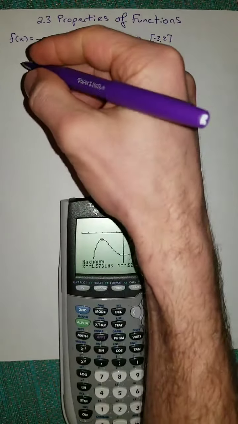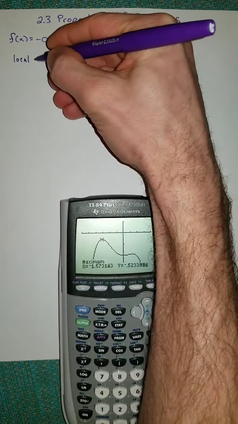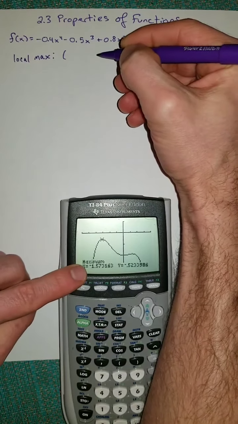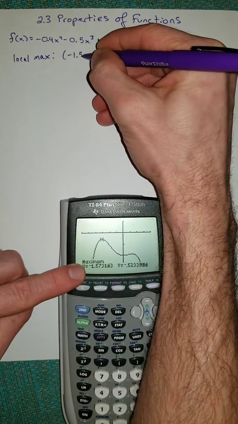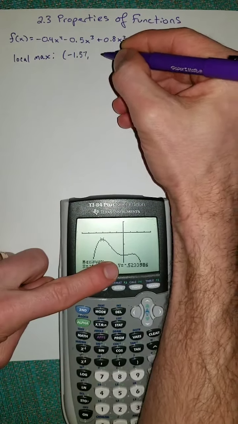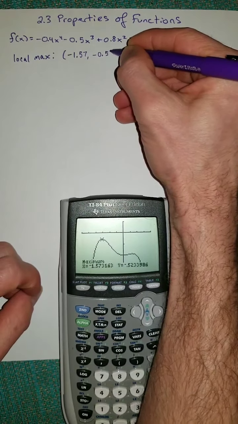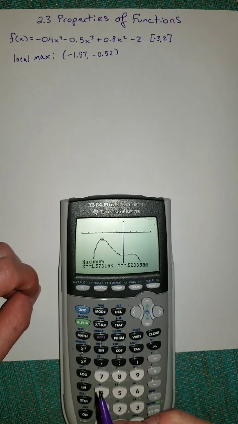So I'm going to say that there is a local max at the point negative 1.57, negative 0.52. Okay, so that's my first local max.